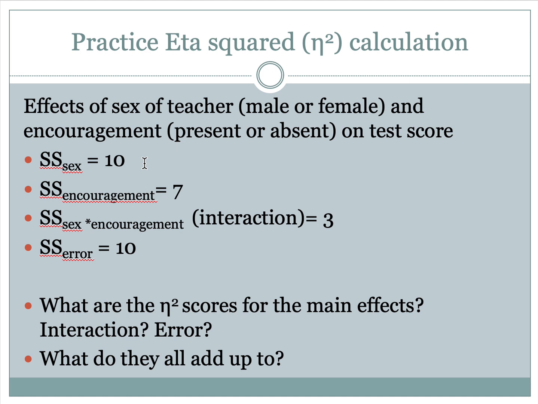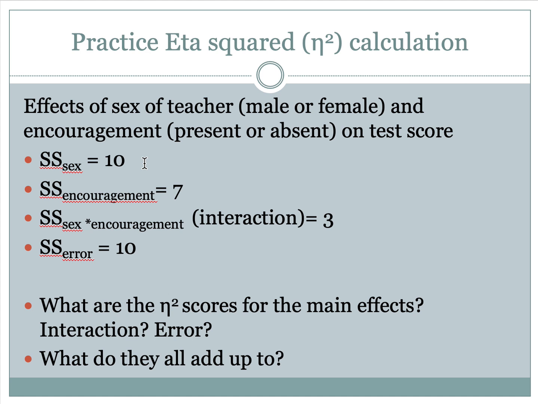That gives us a score of 0.33. We multiply 0.33 by 100, and it tells us that 33% of the difference in test score in our group can be explained or understood just by knowing sex of teacher.